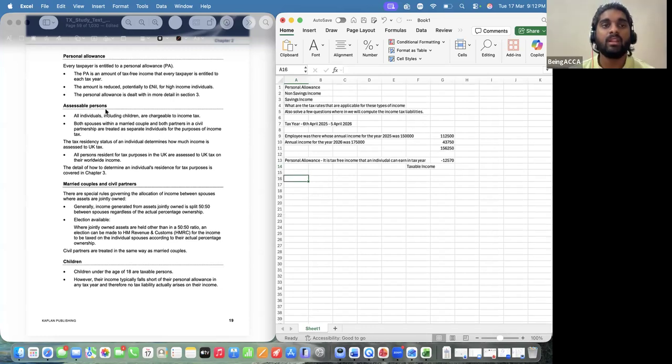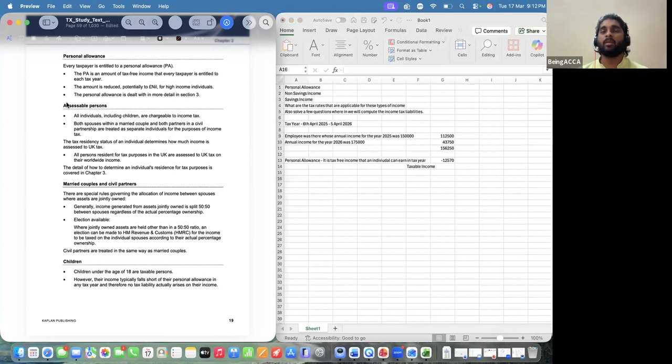Now let's discuss who are assessable people. Assessable persons are those who meet the criteria to be considered liable for UK taxation purposes. In taxation, there is no major and minor.